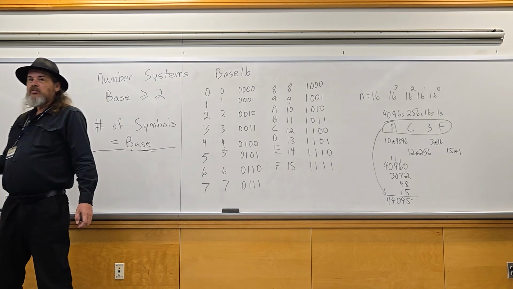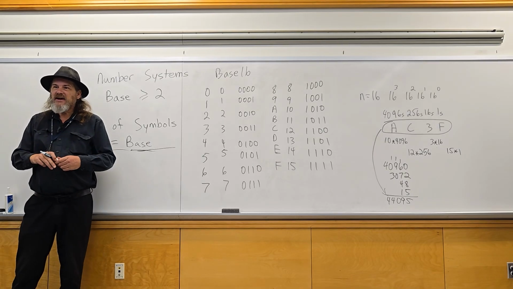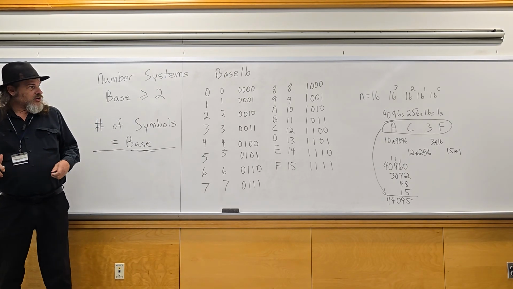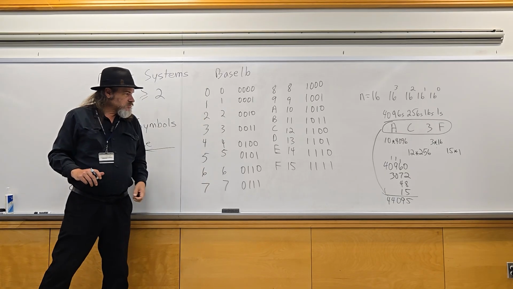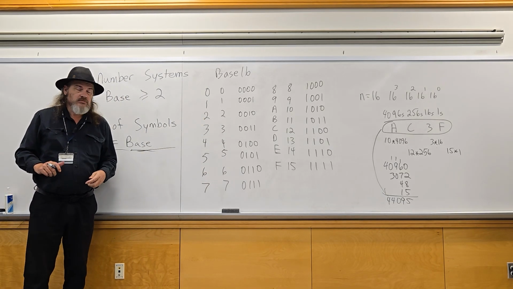See, all the possible combinations of 4 binary digits correspond to the 16 symbols in hexadecimal.